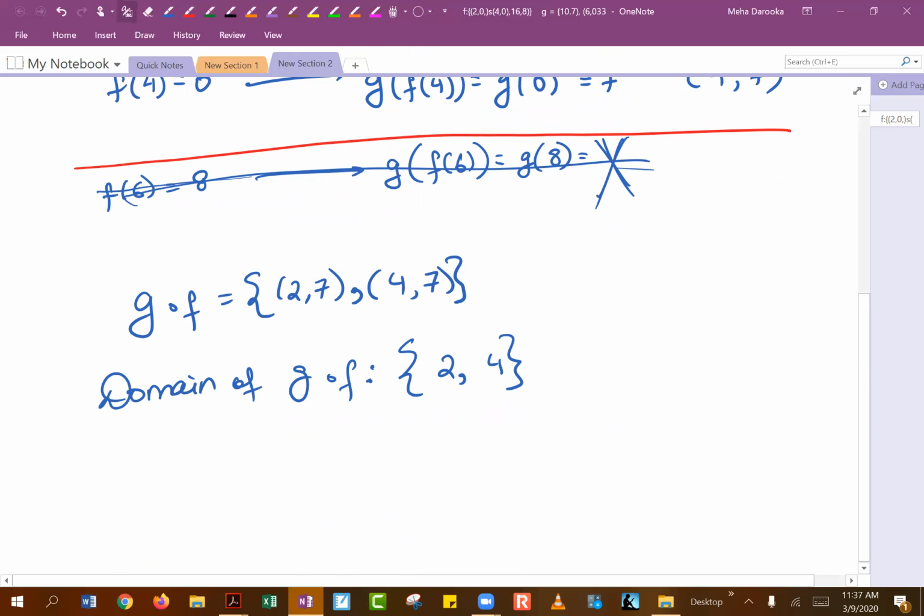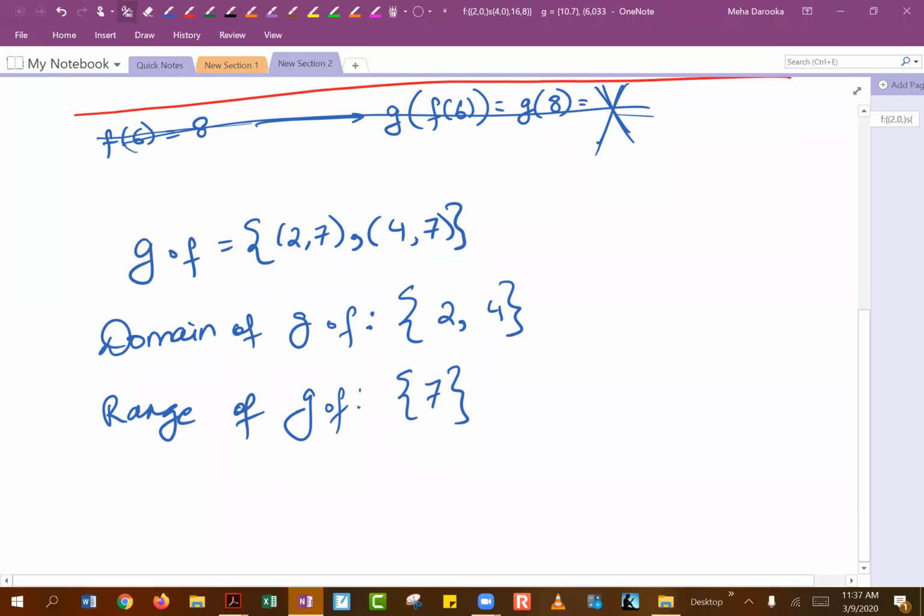What would be my range? 7. Just the number 7, because that repeats. There you go, and that's it. So no interval notation to worry about when it comes to domain and range for this example.